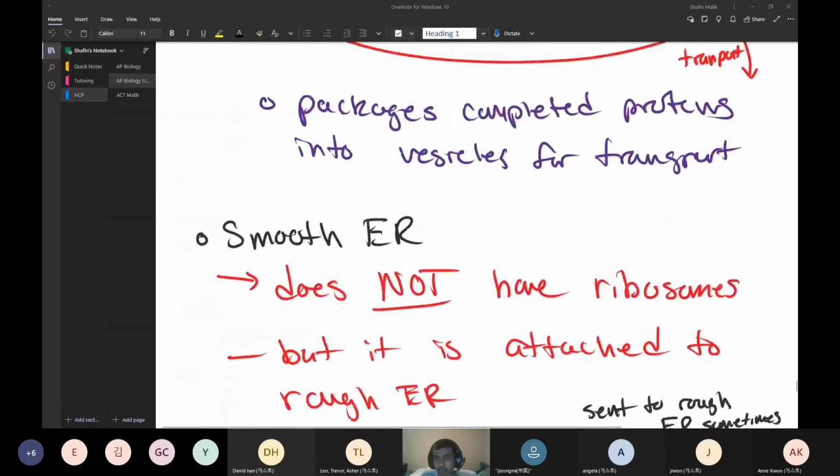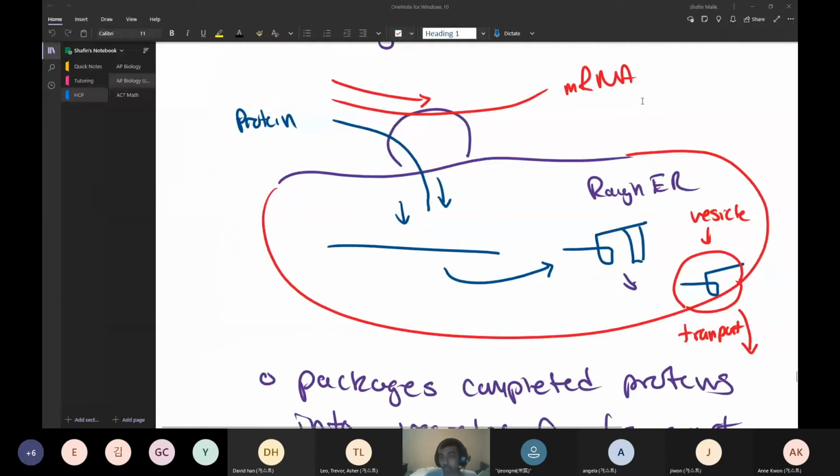To start talking about the Golgi apparatus, I will go back a little bit to the endoplasmic reticulum and to this picture. Remember when the proteins get produced into the rough ER, they're modified first into their correct shape, like here, and then they're packaged into a vesicle, right?